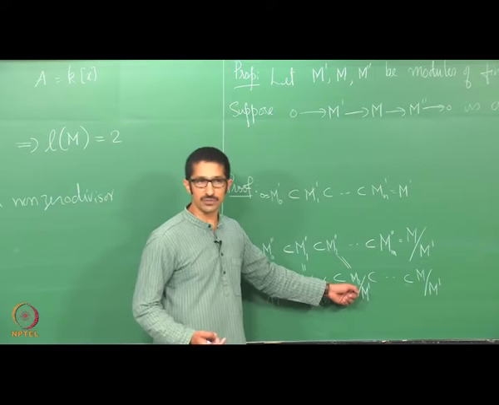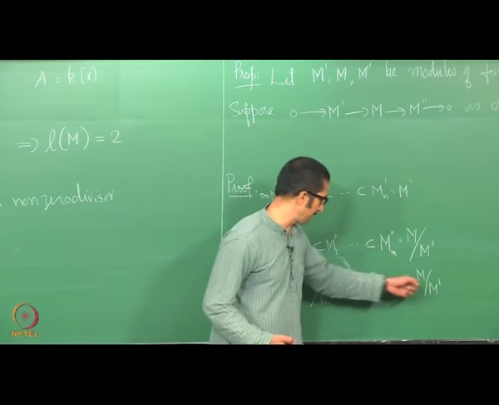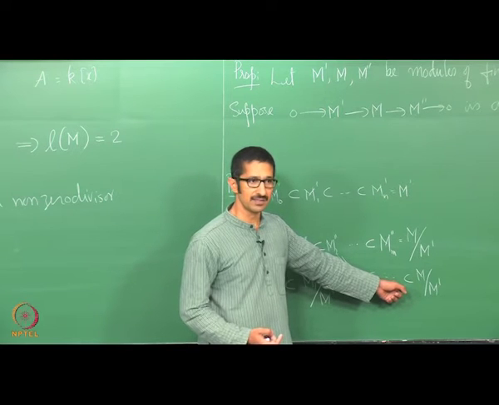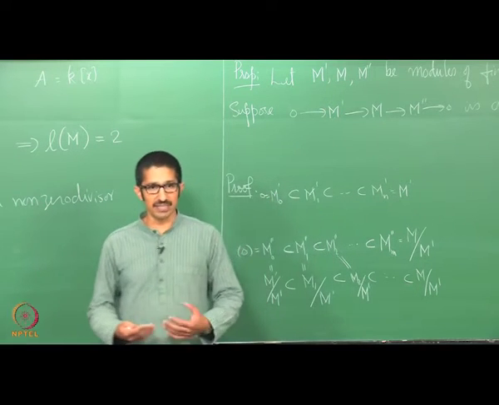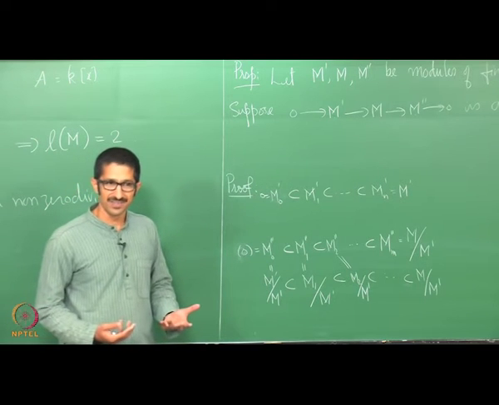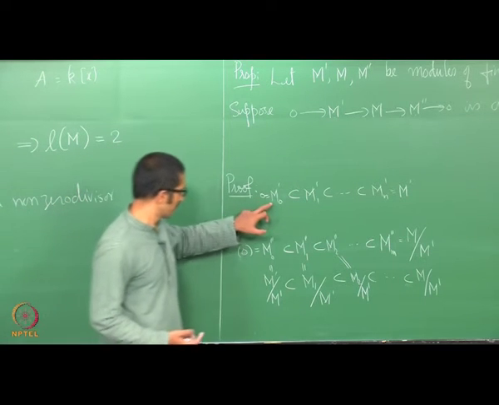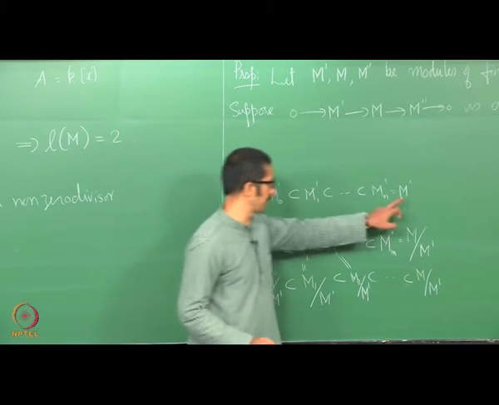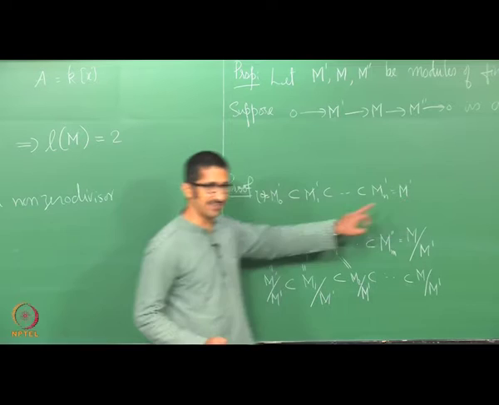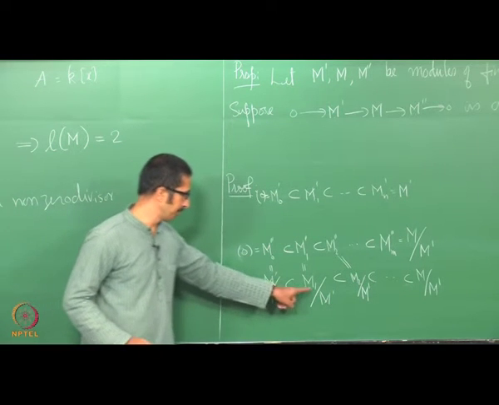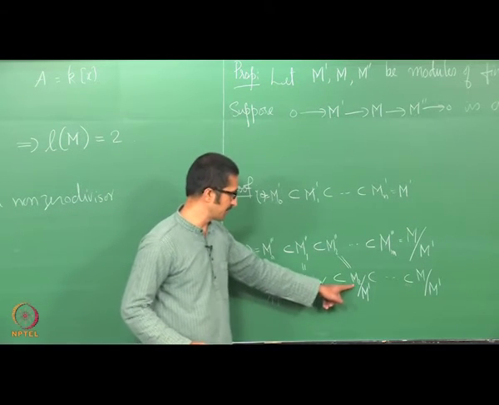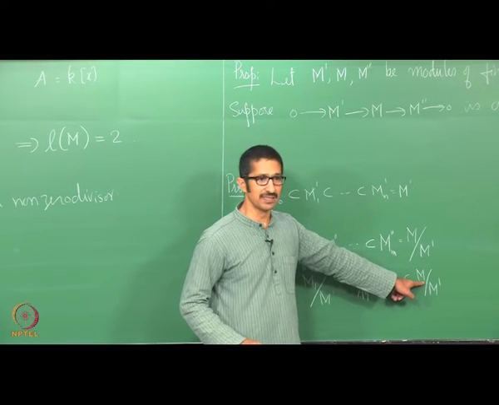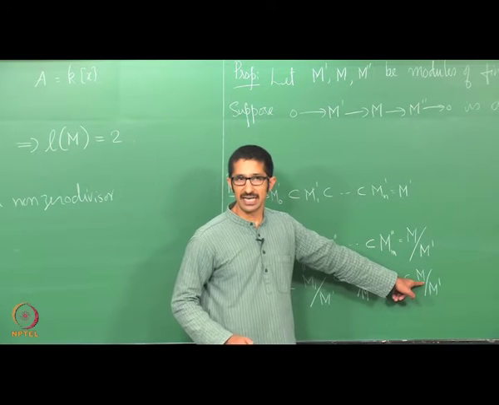Similarly, M3 mod M2 is simple, up to M mod Mm minus 1 is simple. So what does that give you now? You start with 0 here, go up to M prime, from there you jump to M1, M2 and so on up to M. That will be a composition series for M.